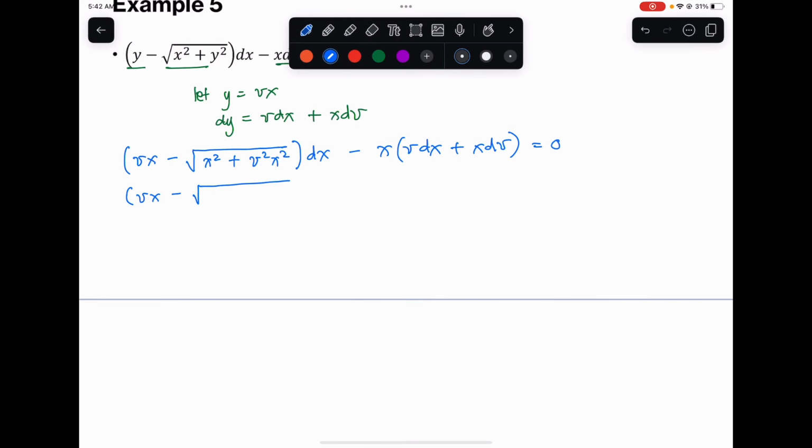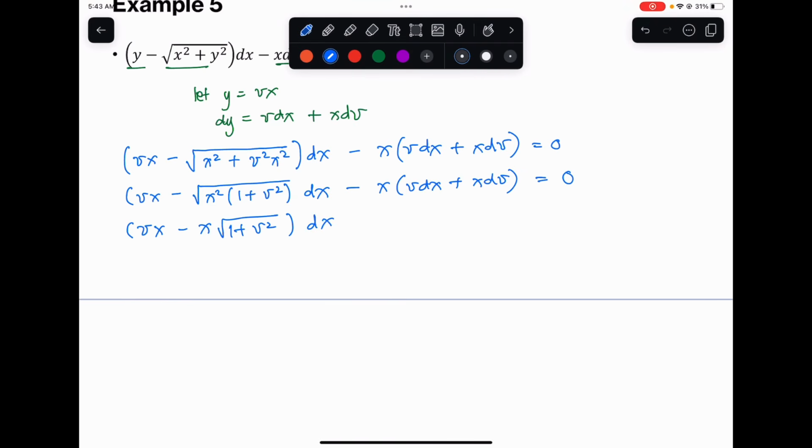I can factor out x squared here, leaving us 1 plus v squared, dx, minus x times v dx plus x dv equals 0. The square root of x squared is x as well, so x times the square root of 1 plus v squared dx, minus x times v dx plus x dv equals 0.